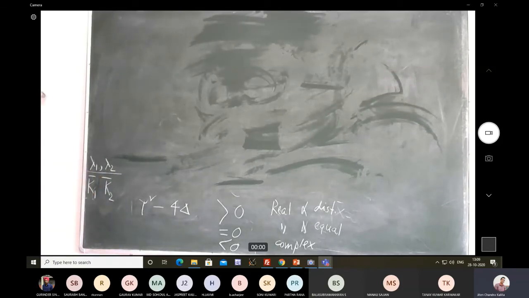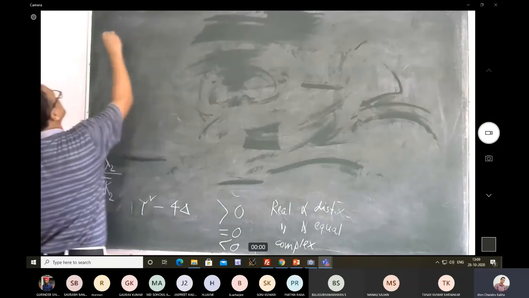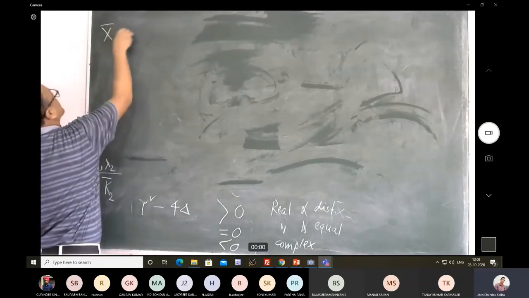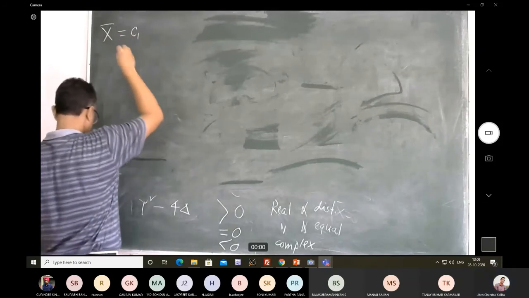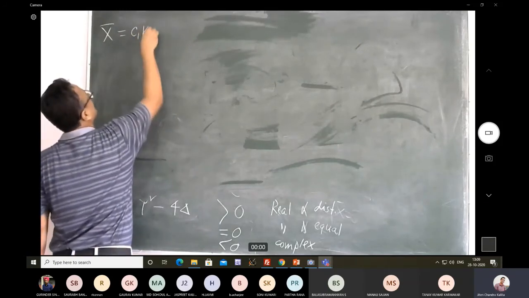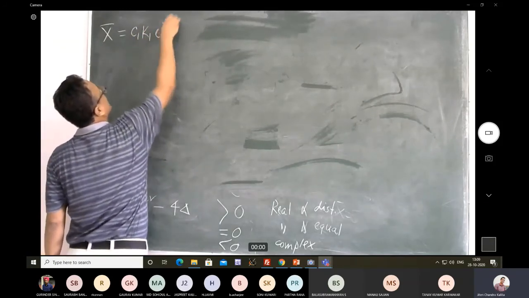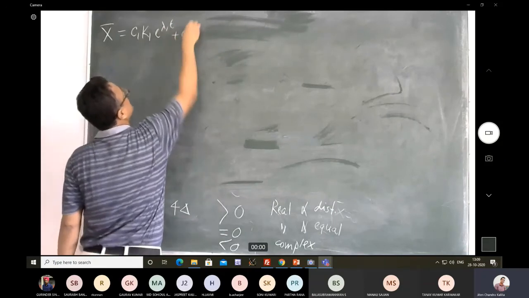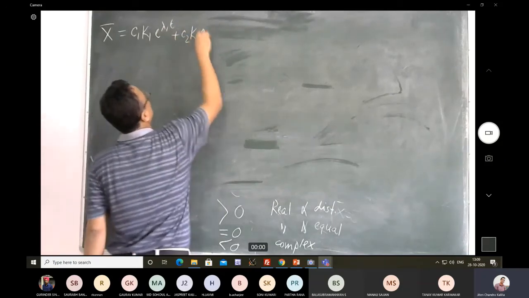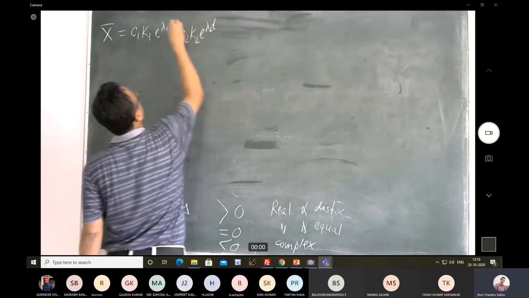Then the general solution is x bar equal to c1 k1 e to the power lambda 1 t plus c2 k2 e to the power lambda 2 t.